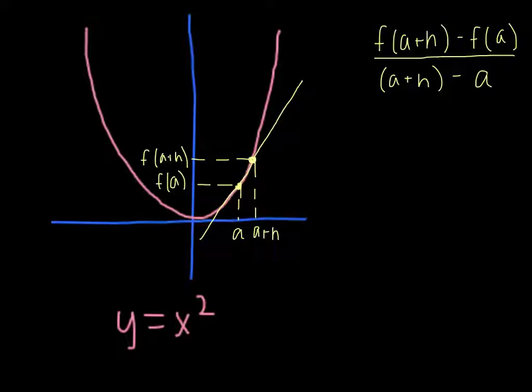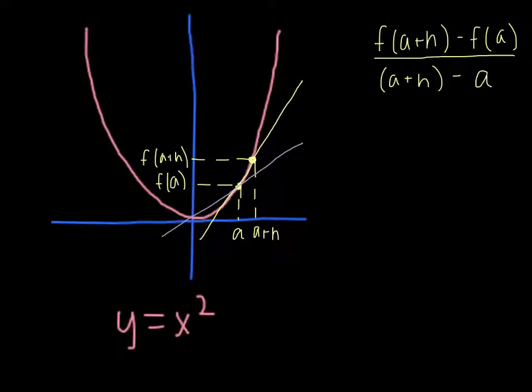And to find the line that is tangent to this specific point right here, basically, I would have to plug in h equals 0.